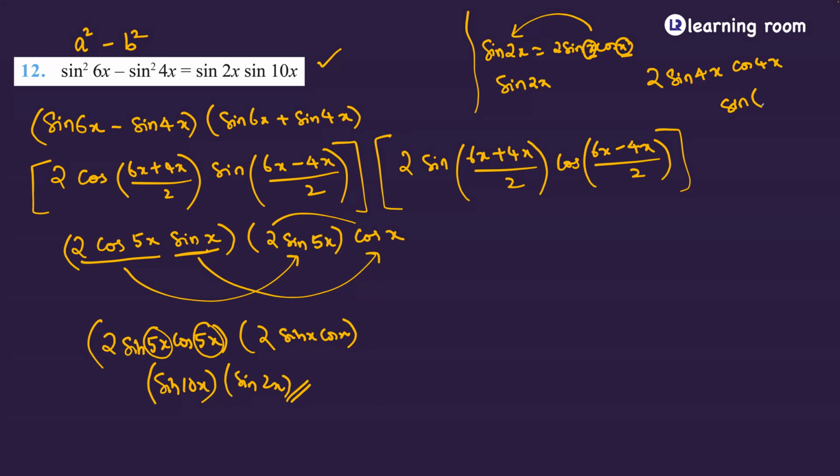Double the angle, yes, you write it as sine 8x. So basically, sine 8x, you're writing it as sine 2 of 4x. So sine 2 of an angle is 2 times sine of this angle into cos of the same angle. Understood?